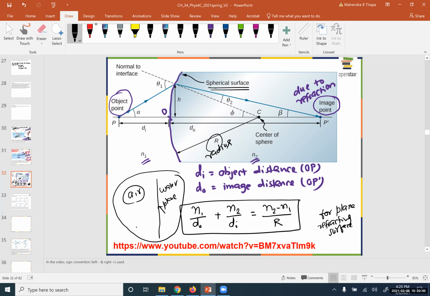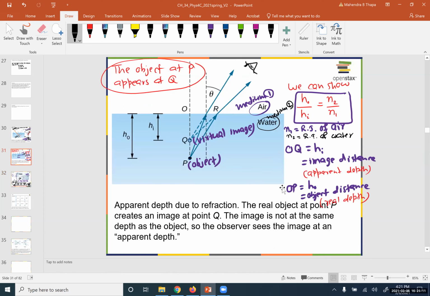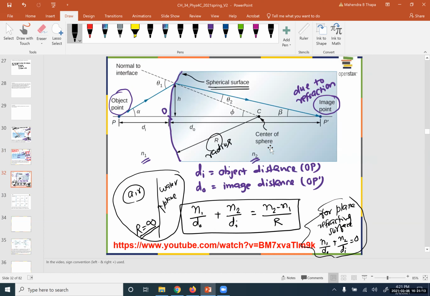For the plane, R is infinite. If I plug that in here, we find N1 over Do plus N2 over Di equal to 0. This result is the same as what we did before. This is a special scenario, and this is the equation we can use.